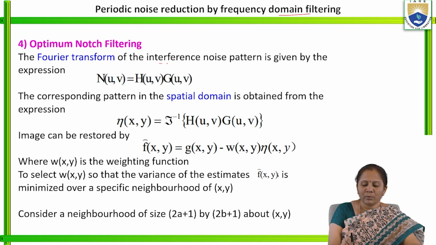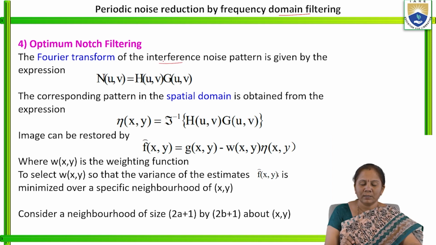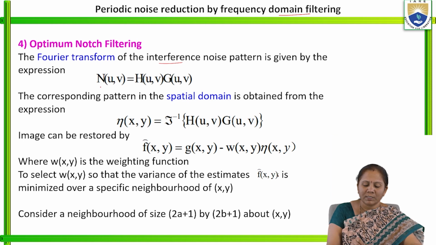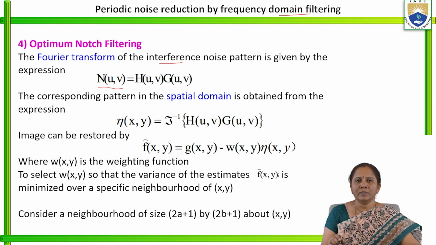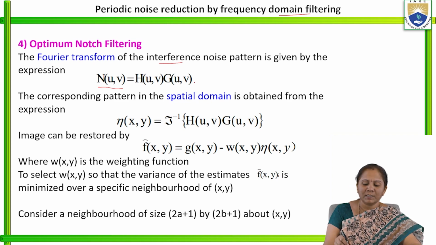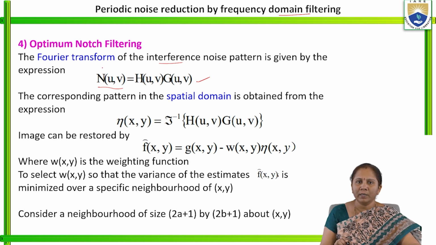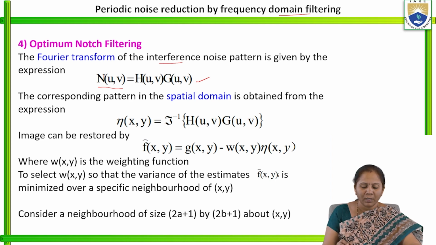So the Fourier transform of the interference noise pattern is given by the expression N(u,v). This N(u,v), which represents the interference, that is noise, is equal to H(u,v) into G(u,v). H(u,v) is the filter transfer function and G(u,v) is the degraded image, and this is represented in terms of the Fourier transform.